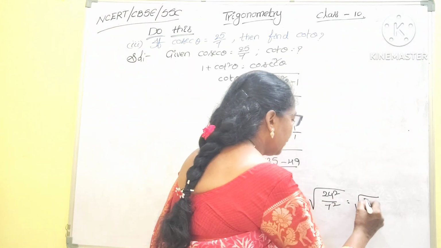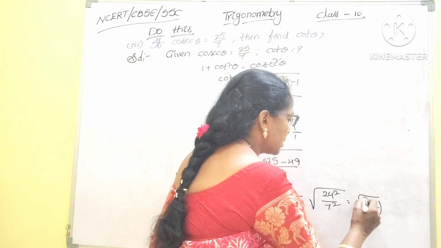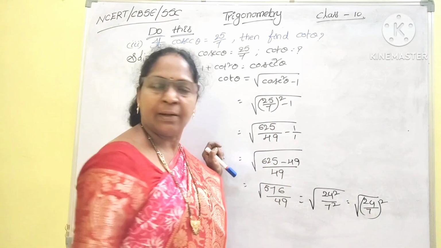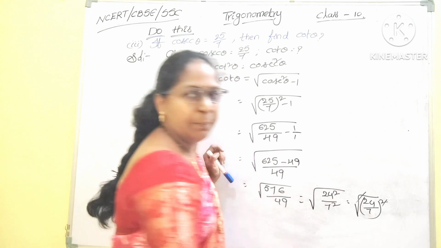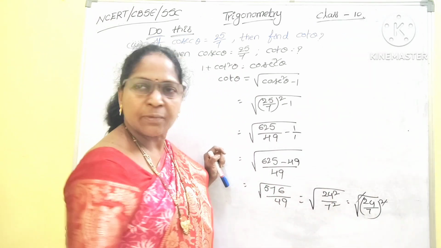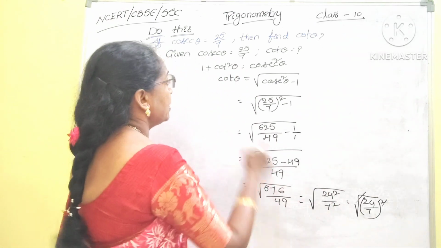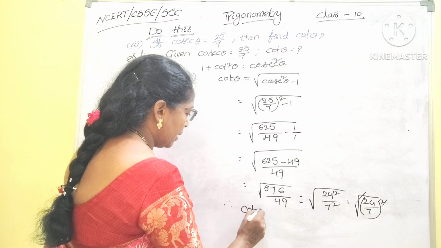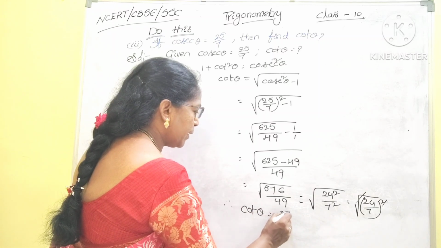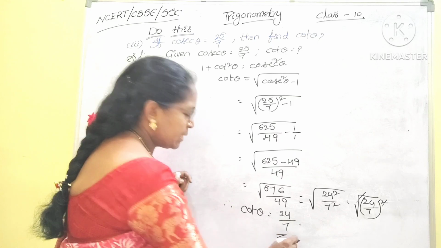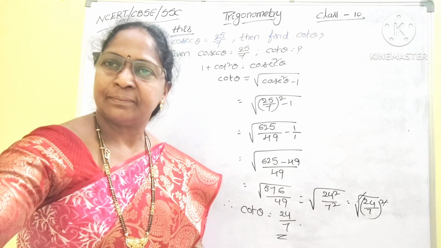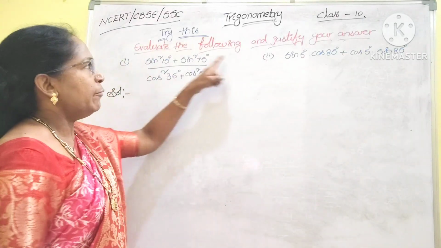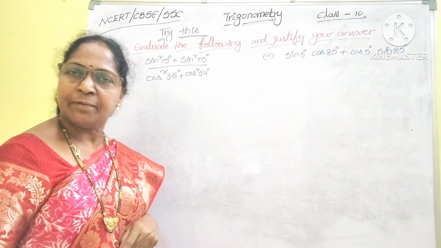Simply you can write 24 by 7 whole square. Now square and square root will be cancelled. The value is 24 by 7. What is that value? Cot theta value. Therefore, cot theta equal to 24 by 7. This is the answer.